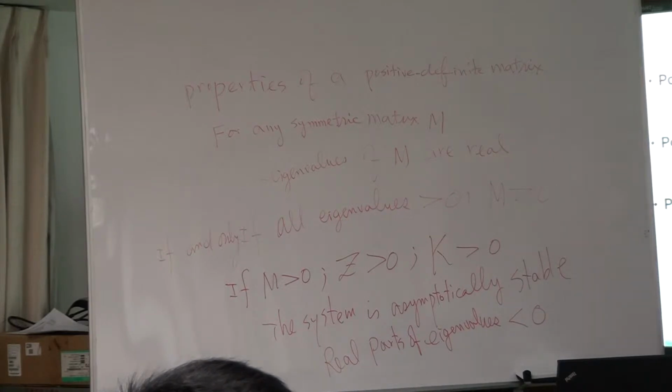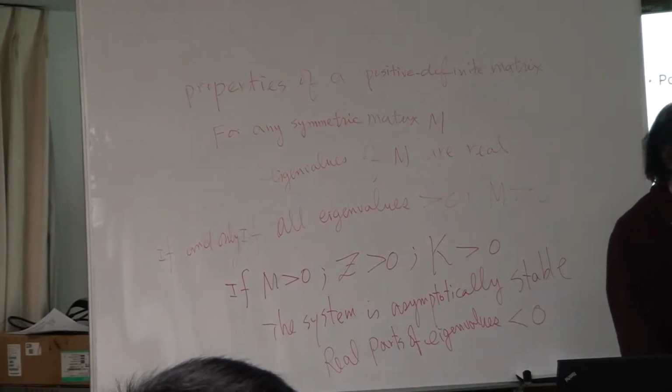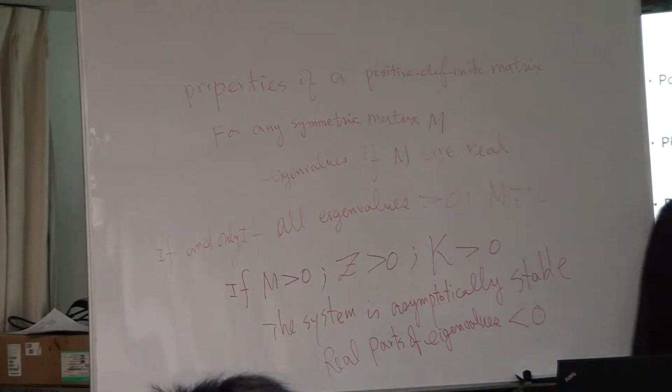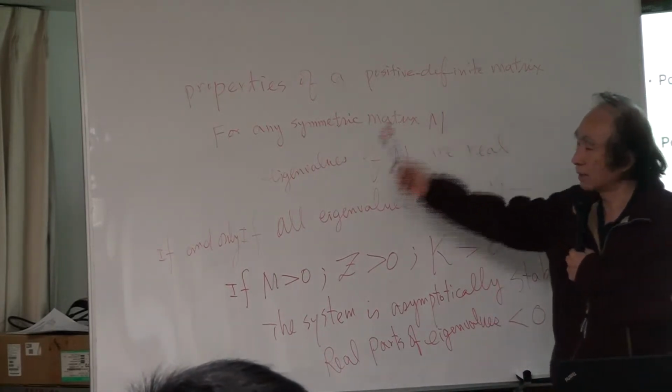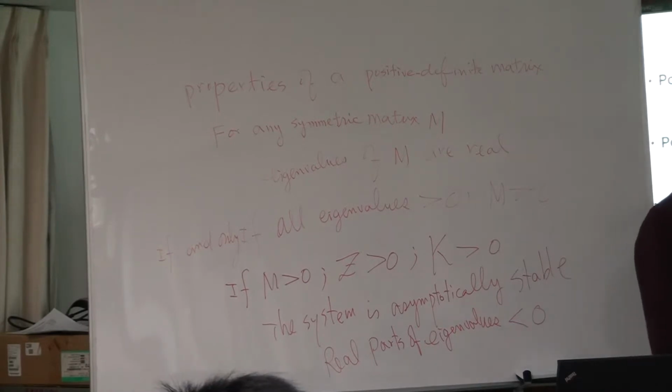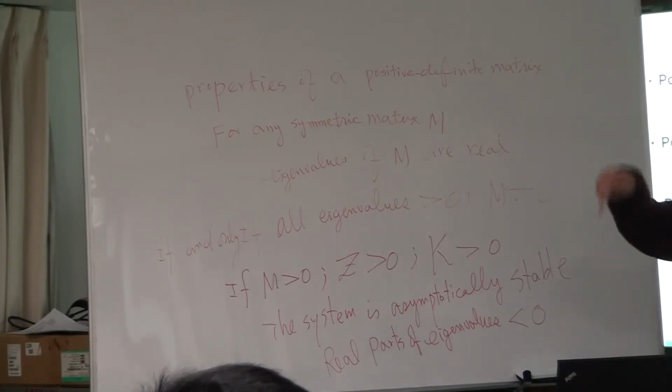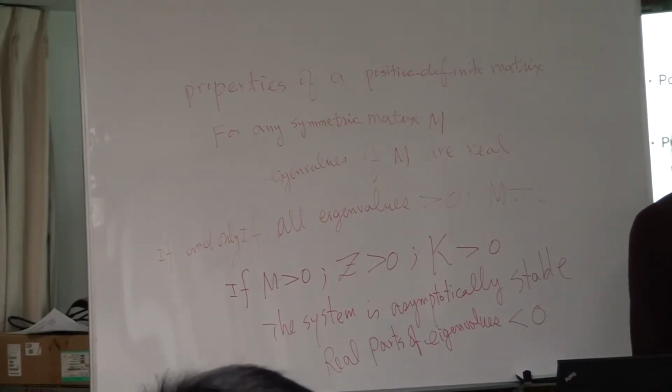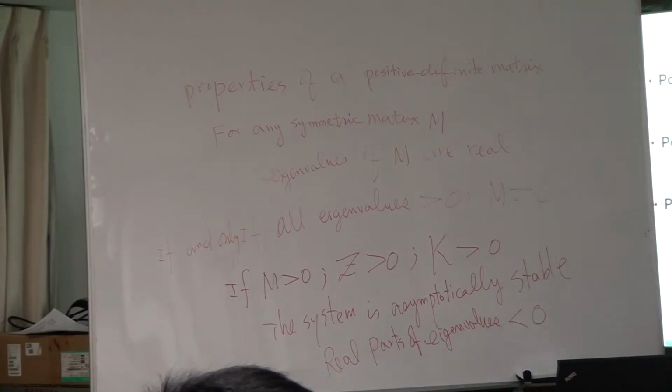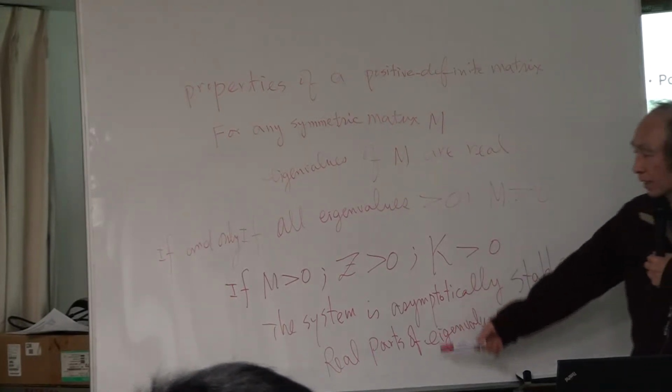What do we mean by system eigenvalues? When we transform this second order matrix equation into a first order equation, there's a matrix there, and you can solve for the eigenvalues of that.